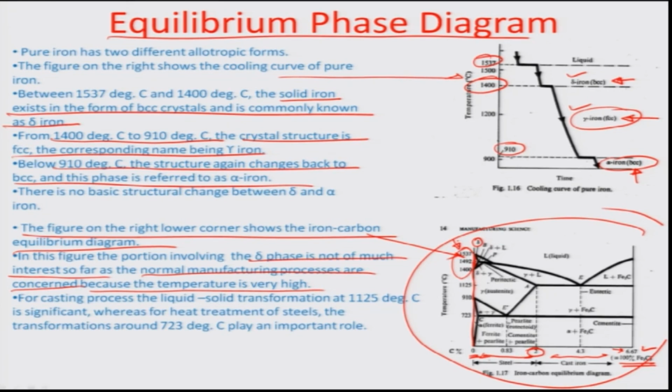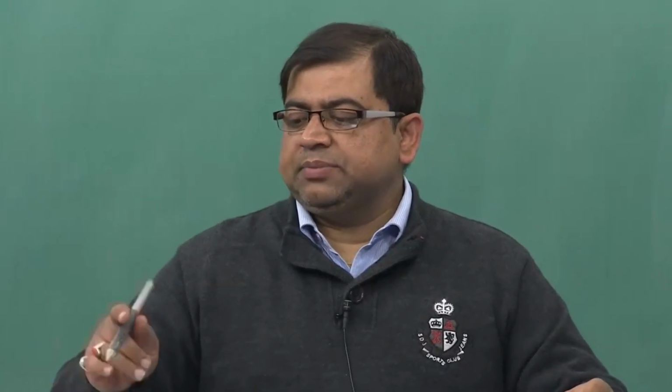So, therefore, considering the delta phase in such a system from an engineering point of view may not be of much significance, but obviously the interplay between the gamma and the alpha structure would be very critical to the way that material systems behave when we talk about their phase equilibrium with respect to temperature.